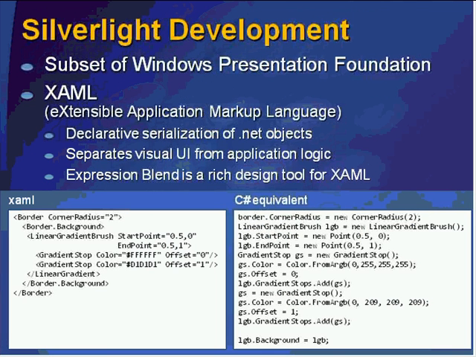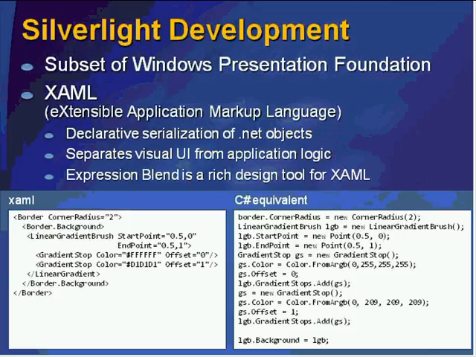Just to talk for a second about this idea of XAML, the Extensible Application Markup Language. This is also used in Windows Presentation Foundation. And all it really is, is a declarative way of serializing .NET objects so that Silverlight can present them to people. You can see the code here.